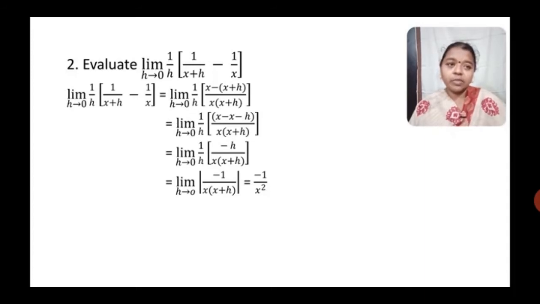So the next step is, wherever we have h values, we will be putting it as 0. When we do that, we get minus 1 by x into x plus 0, which is equal to minus 1 by x square. Hence, the solution of this particular problem is minus 1 divided by x square.